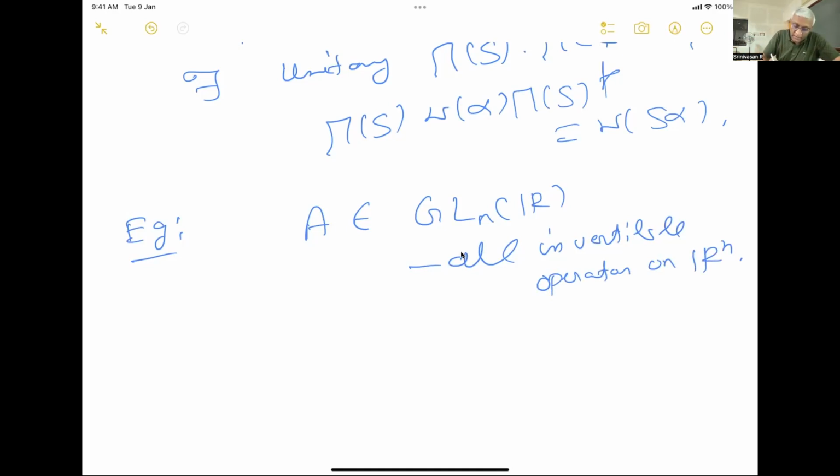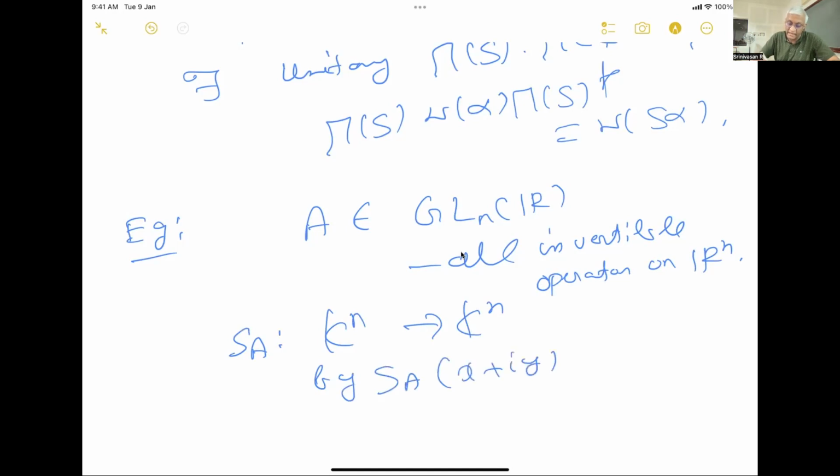Corresponding to this A, you define SA from Cn to Cn by SA acting on x plus iy, where x and y are in Rn, equal to Ax plus A star inverse y. The operations inverse and star commute: A inverse star is A star inverse, which you can verify with the inner product.